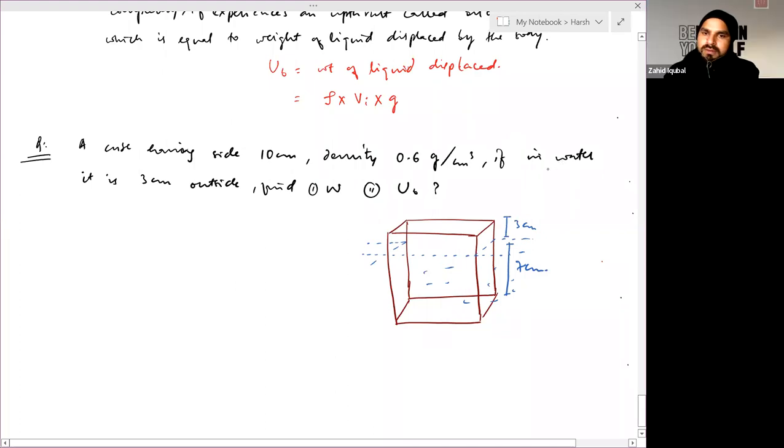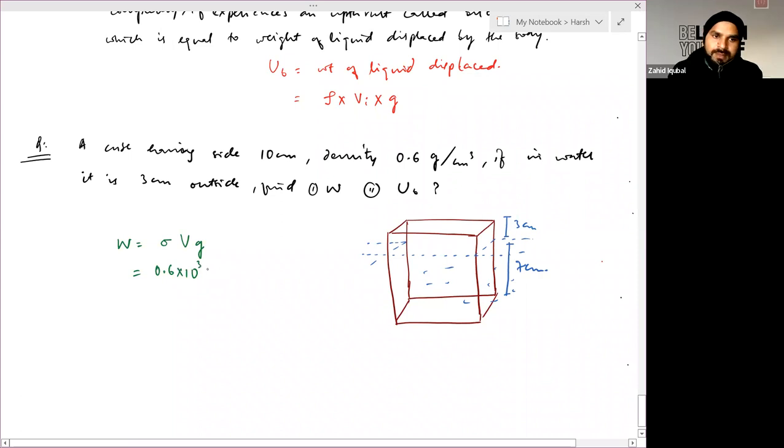Harsh, any problem while solving? So can I solve this? Okay, let's say weight equals mass times gravity. If you convert mass in terms of volume, it will be sigma times volume times gravity. We have sigma as 0.6 in gram per centimeter cube, so multiply by 10 to the power 3 to convert it to kg per meter cube.